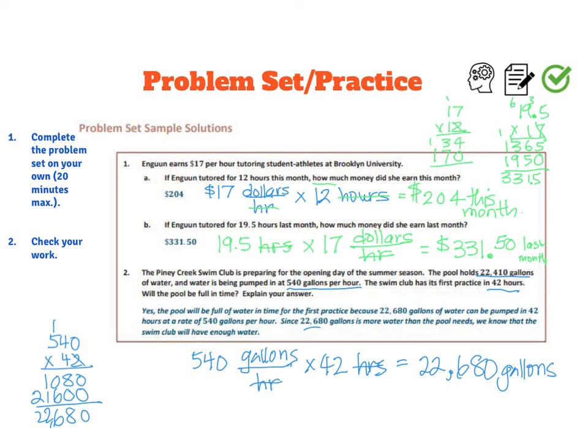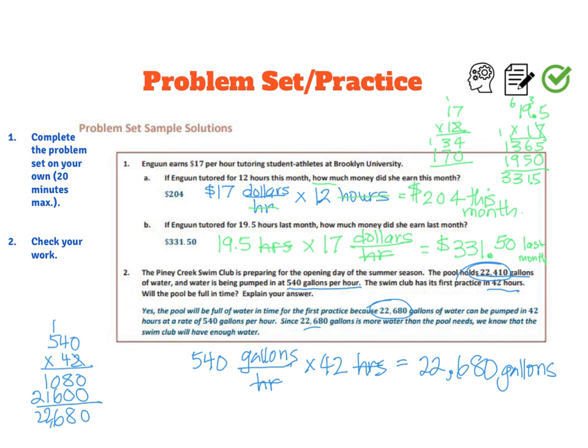But that's after 42 hours, and they're saying if it holds this much water, and after 42 hours, is the pool going to be full? And I would say yes, because after 42 hours at 540 gallons per hour, they're going to have more than what the pool will hold.